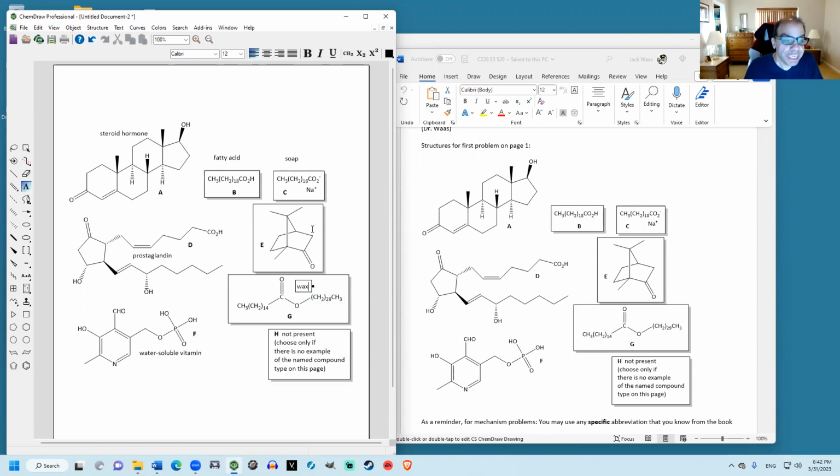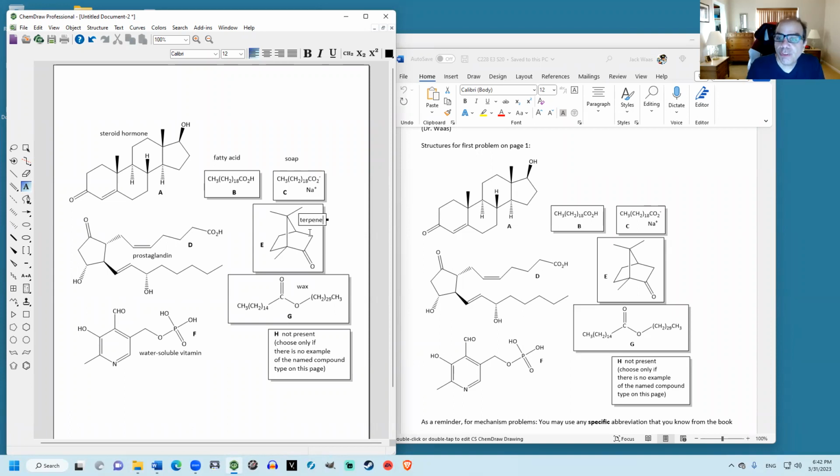And over here, we have to count the carbons. 1, 2, 3, 4, 5, 6, 7, 8, 9, 10. I count 10 carbons coming from two 5-carbon isoprene units. 2 times 5 makes 10 carbons. And so that makes this compound a terpene.